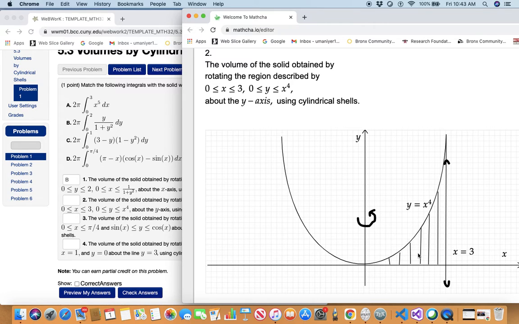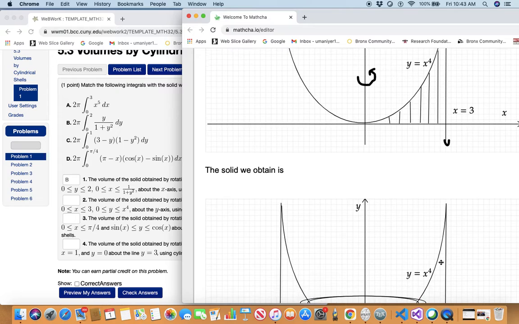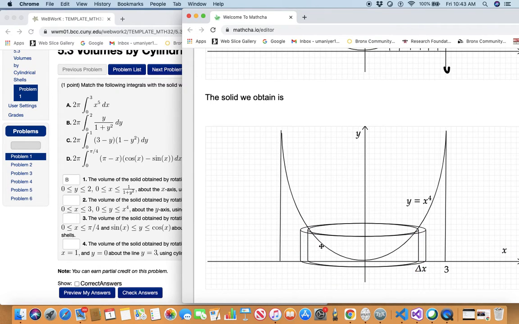So when I rotate this region about the y-axis, the solid looks something like this, right? So when we rotate it, what's happening? For each x from 0 to 3, you have a cylinder of width delta x. The radius is the x coordinate and height is the y coordinate.